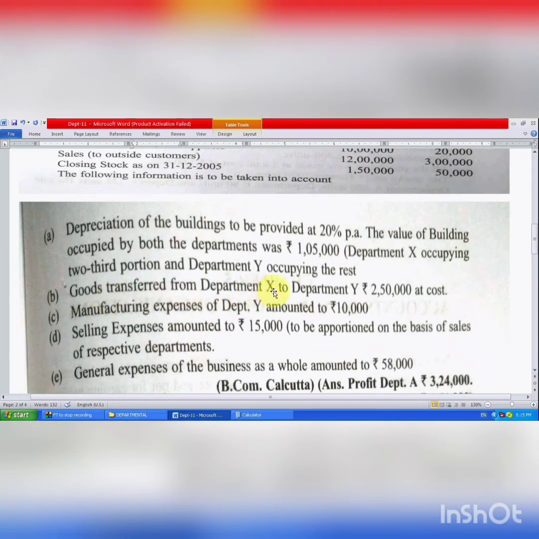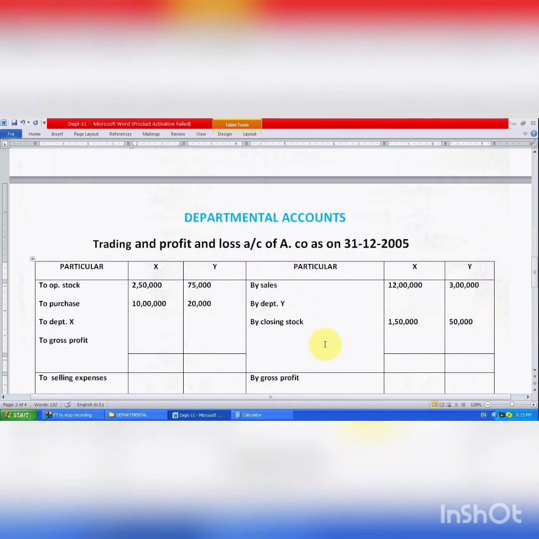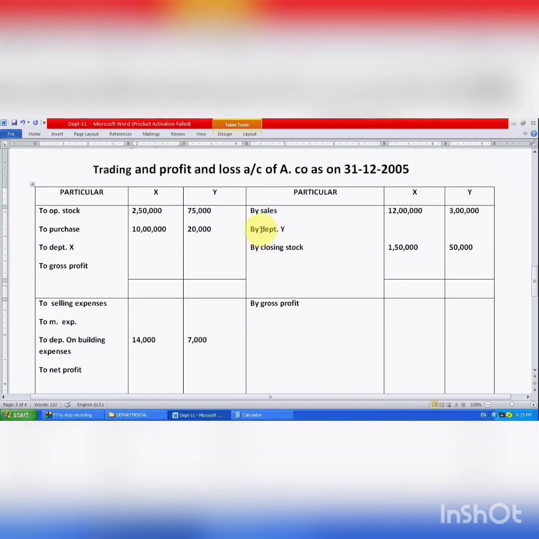Now goods transferred from department X to Y, how much? 2,50,000. X is sending, so write transfer to department Y in department X. Here for Y it is nil.